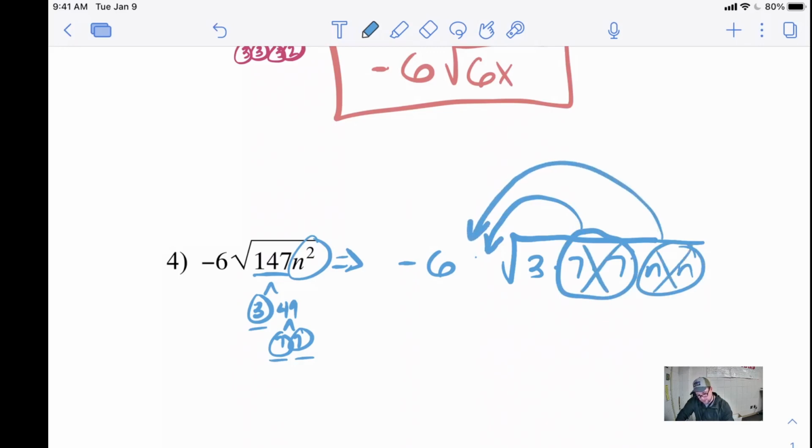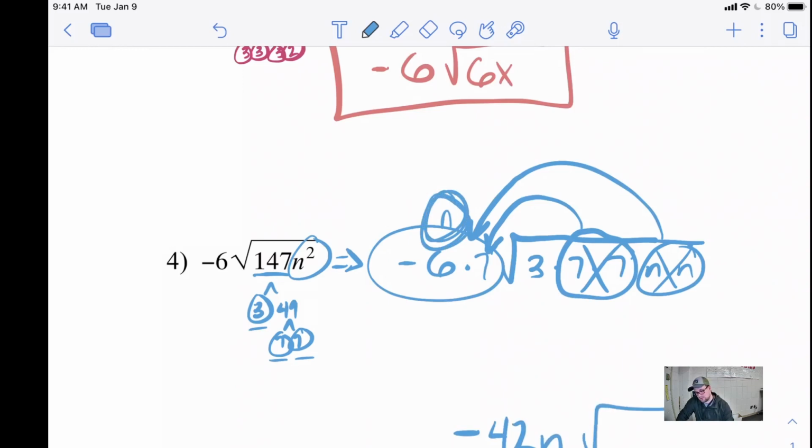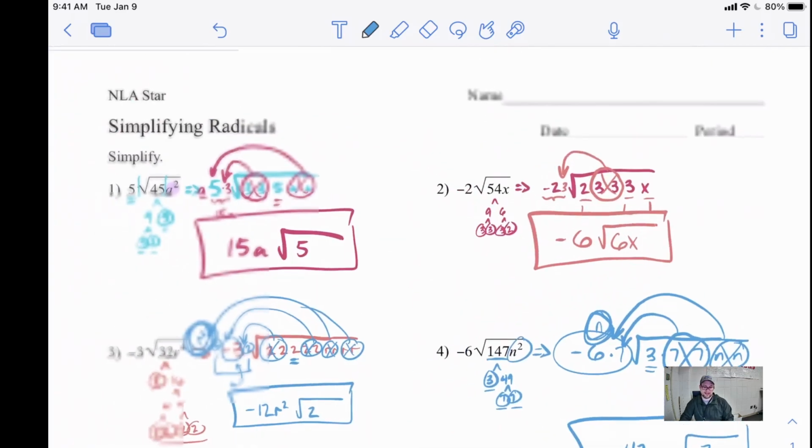So I'm going to pull out a 7, and I'm going to pull out an n. Multiply the numbers together. 7 times negative 6 is going to be a negative 42. Don't forget about the n we pulled out. And then what was left? In this case, just 3, which makes that our final answer.